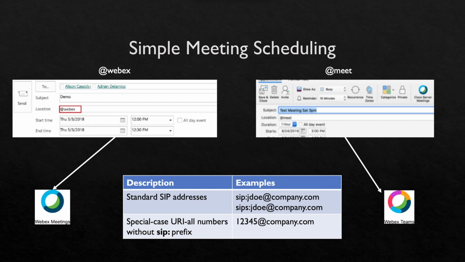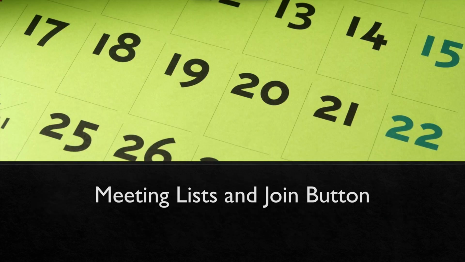The meeting also appears in the list on any scheduled room or desk device that are enabled for the hybrid calendar service, and the devices show the green join button for one button to push just before the meeting starts. So meeting list and join buttons. The meeting list in Cisco Webex Teams lets users see upcoming meetings for the next 4 weeks.